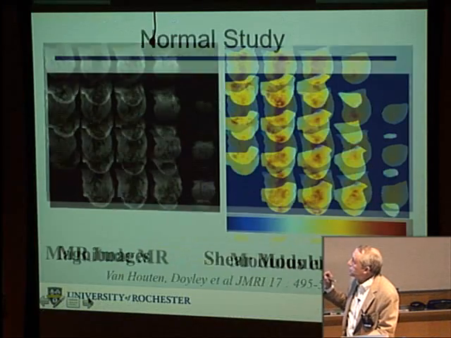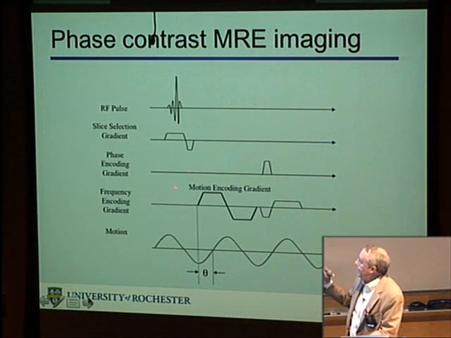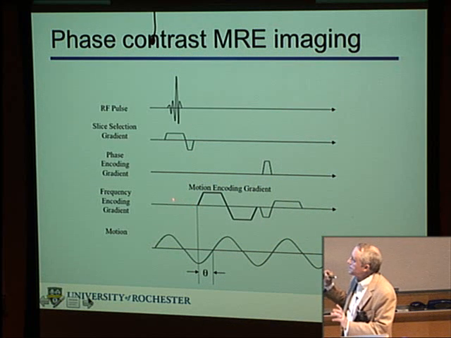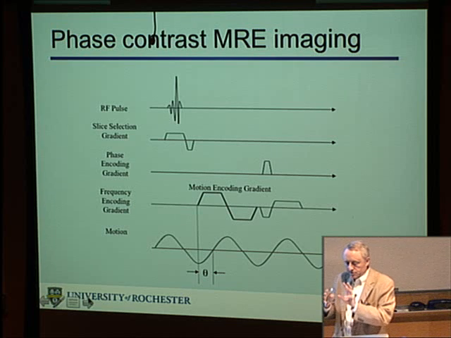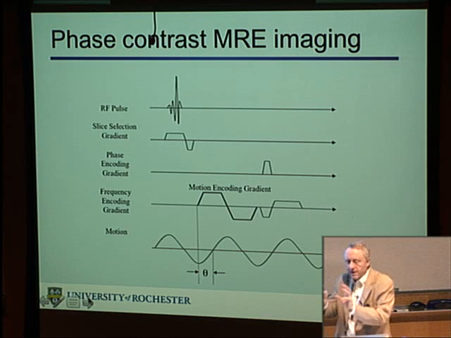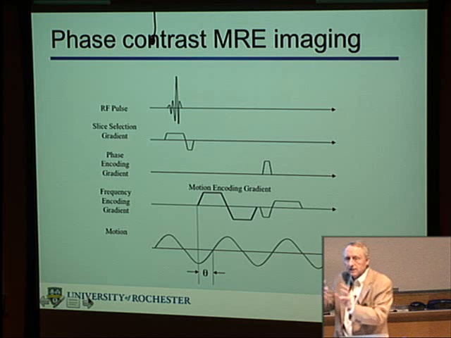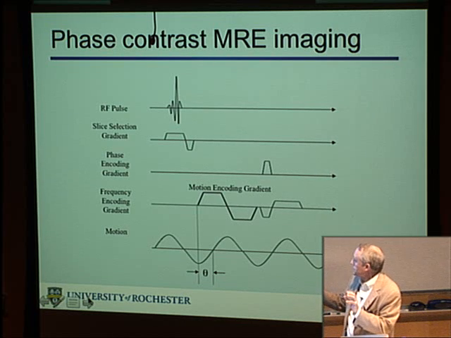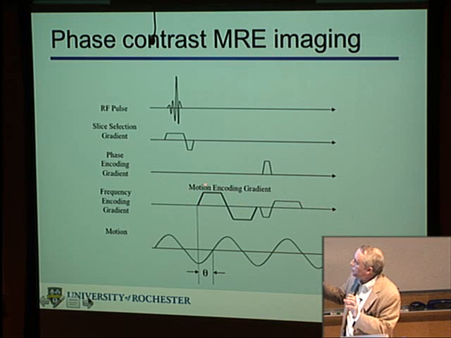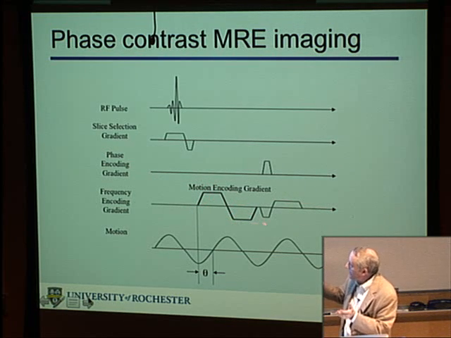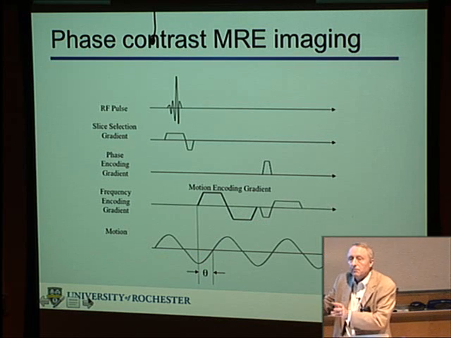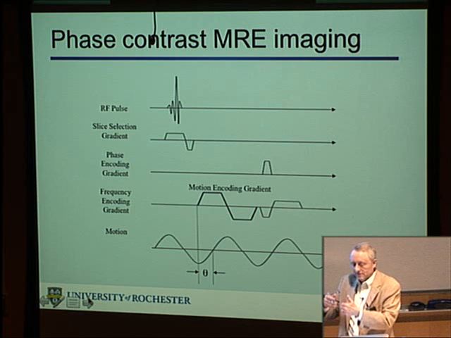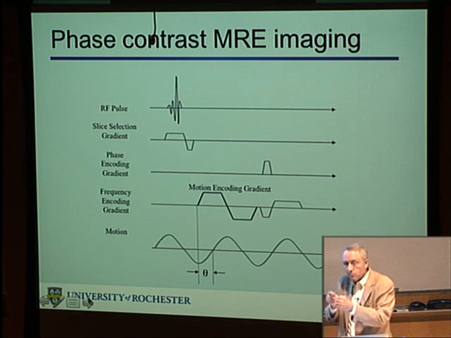Yeah, well, actually, what happens is that, let's say you're putting in 100 hertz, and so there's, let's say, 10 microns of back and forth motion in the tissue. And then this is the MR sequence, and over time you're putting in some kind of gradient that's synchronized to this. So you're trying to pick up the accumulated phase that each little voxel will get by movement.